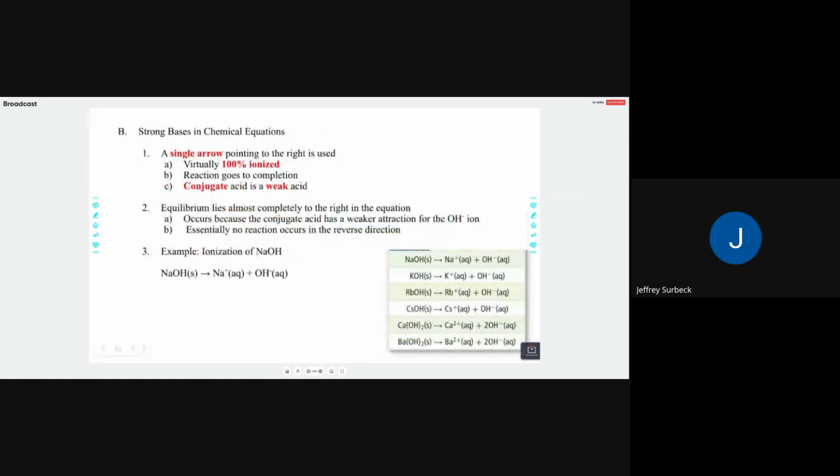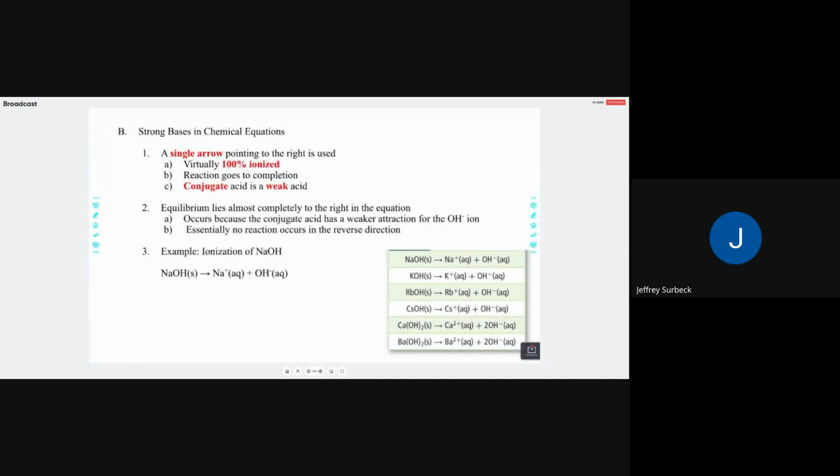Okay, strong bases. Again, key giveaway is going to be that one-sided arrow that's going to say, all right, these things ionize completely, meaning 100% of that sodium is going to break away from that hydroxide. Okay, that is considered a strong base, and that's what we consider to be ionized.